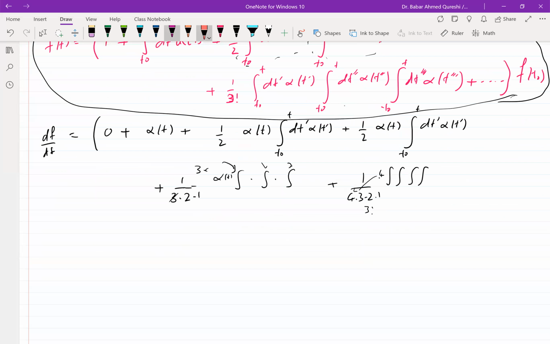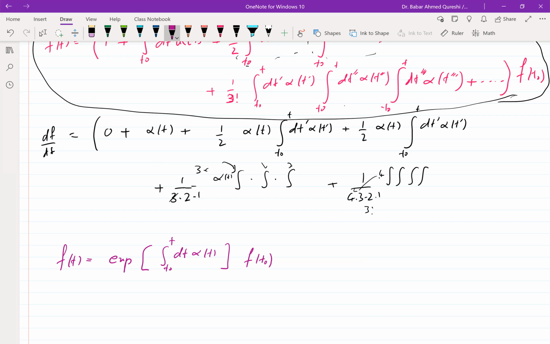So this solution you can formally write, because this is exactly an exponential. So this has the same form as your original solution. Instead of having the alpha in the exponential, you have alpha times dt, which is being integrated.